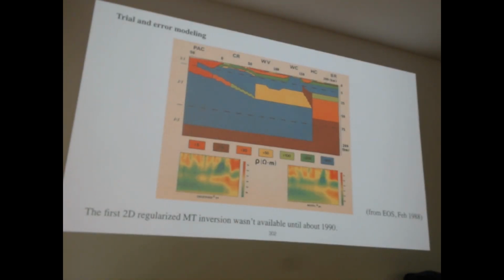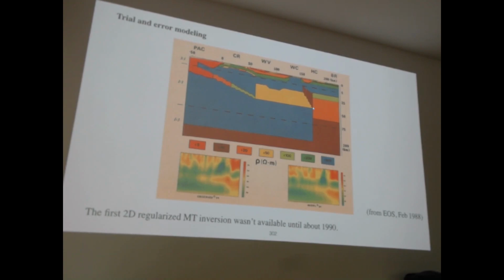So this is a cover from the AGU's EOS magazine in 1988. This is the result of a magnetotelluric study across the Cascadia subduction zone, which you remember was in one of those 3D models that I showed you right at the beginning of today. This was done by Phil Wannamaker with trial and error.